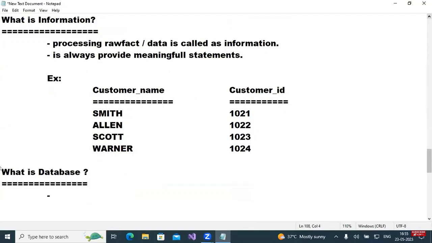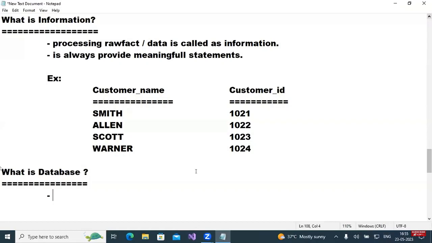A database is a collection of interrelated information of a particular business, a particular organization, a particular company. That is what we call a database.